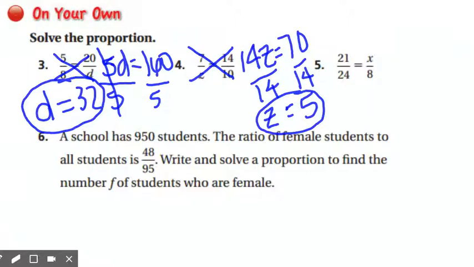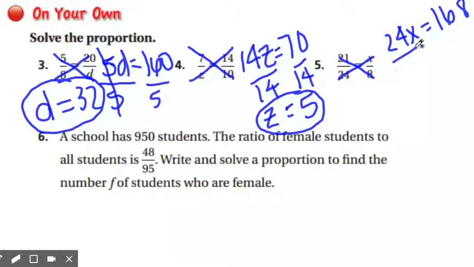All right. Then number 5, same thing. We are going to cross this way. So we get 24x equals, and then when we cross this way, 168, if my calculator brain is working correctly.